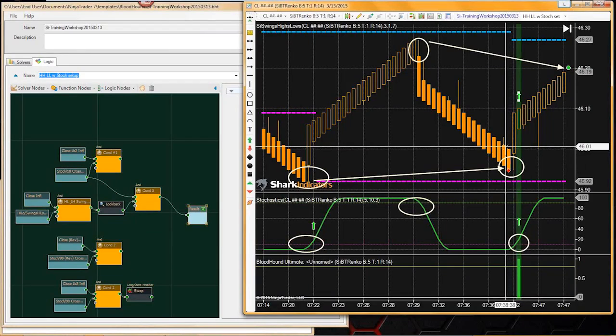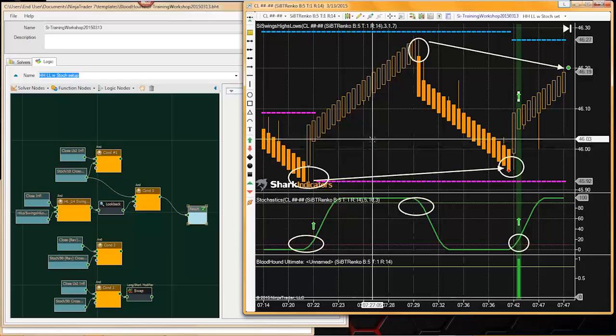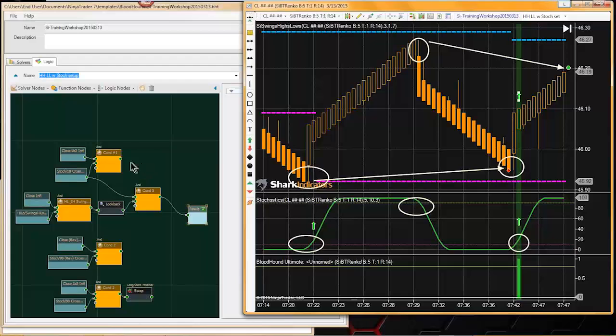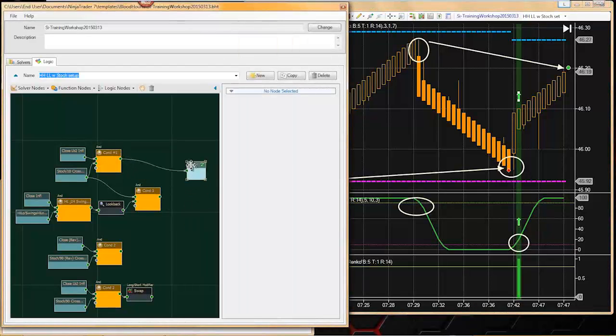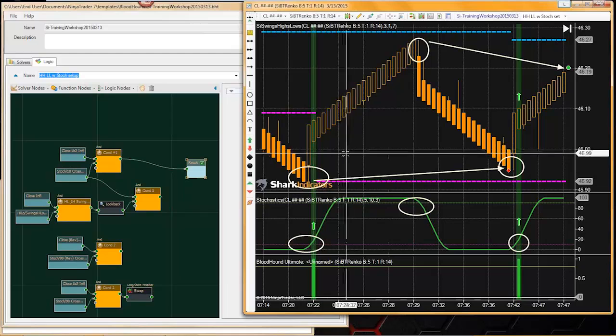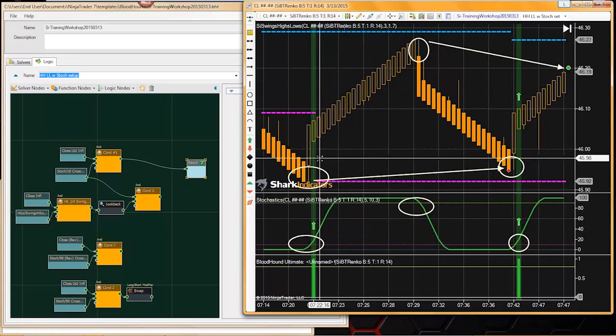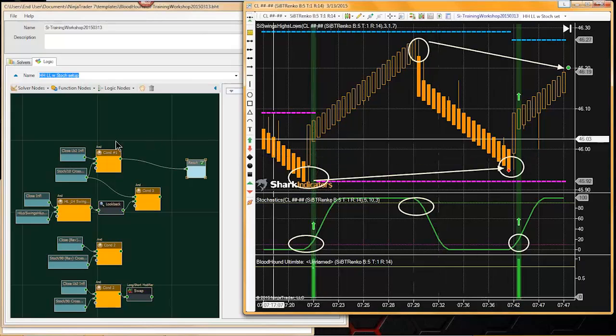So, all right, so I think probably the best way to do this would be to use the toggle node. So we'll play around with this for a little bit. Yeah, all right, so I'm going to use the toggle node so that when condition 1 is met, it's going to turn our toggle node on and extend the signal forward here.